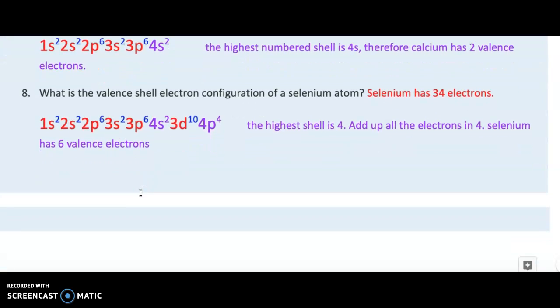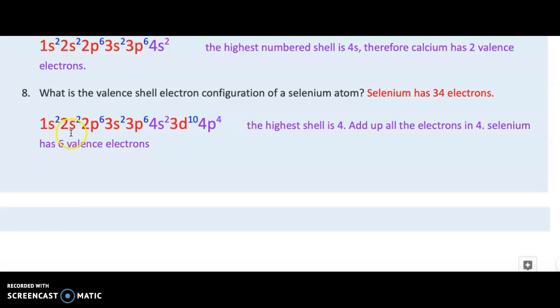Okay, let's do a more complicated example. It's asking for selenium, and it has 34 electrons. In order to create the electron configuration, you start filling up the shells.